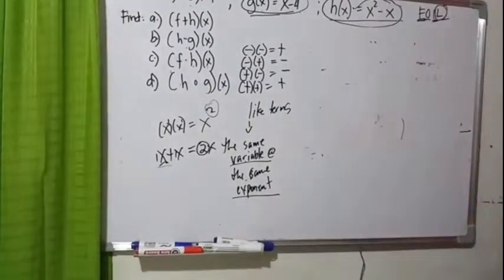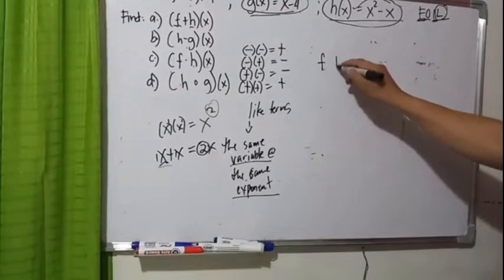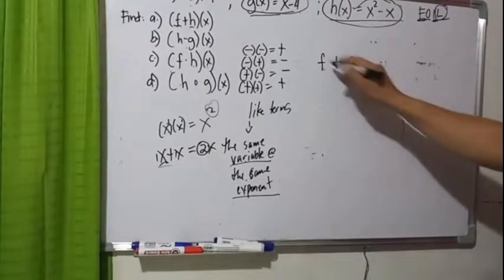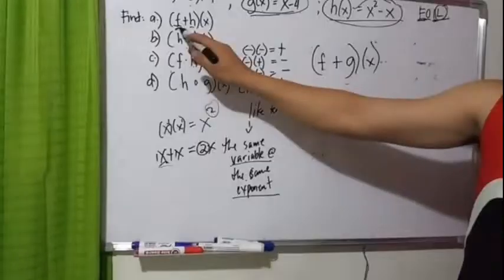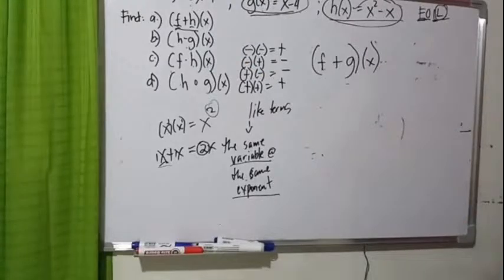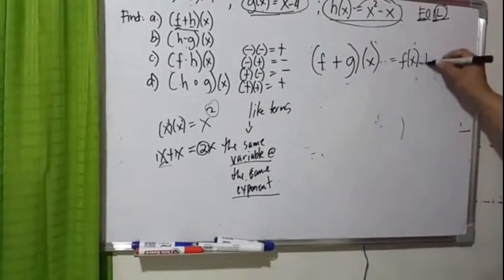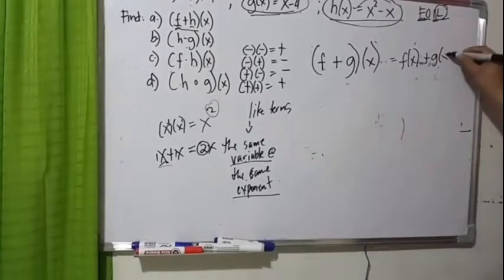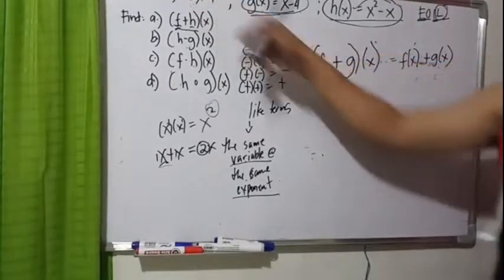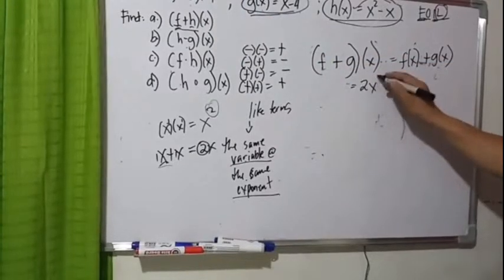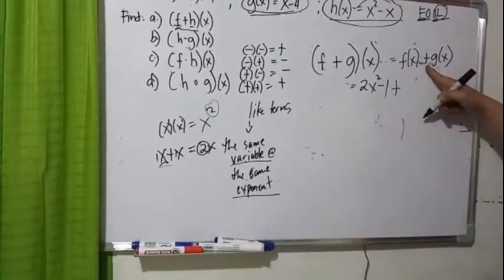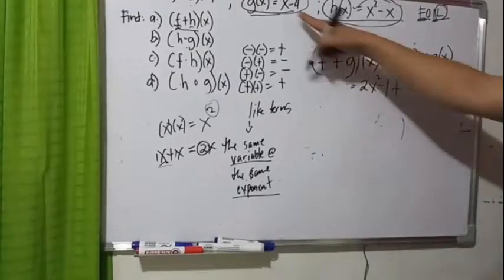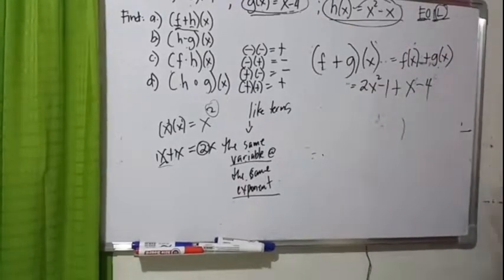Since f of x is done, how about f plus g of x? This is different from the given earlier. So f plus g of x is f of x plus g of x. Our f of x is 2x squared minus 1 plus x minus 4.